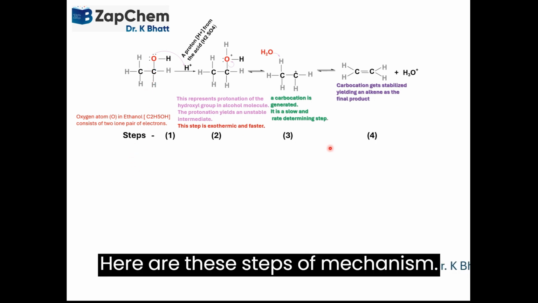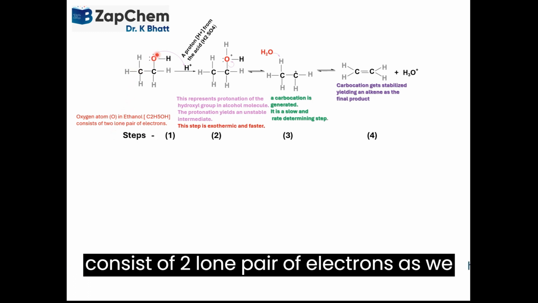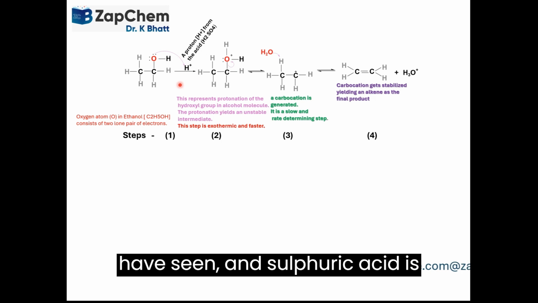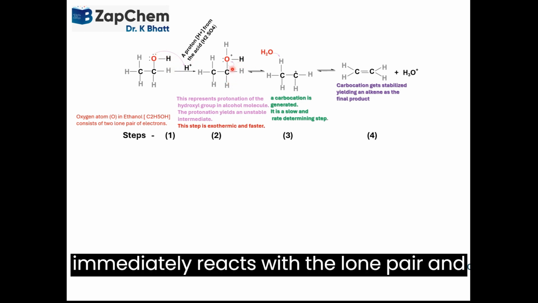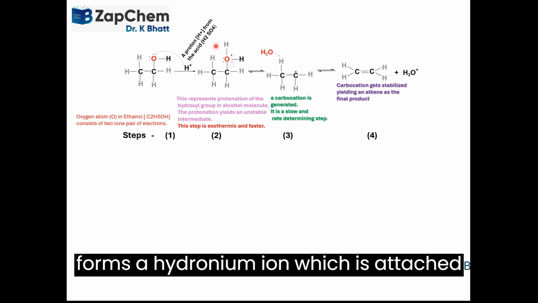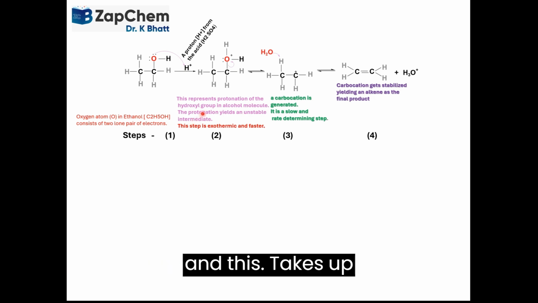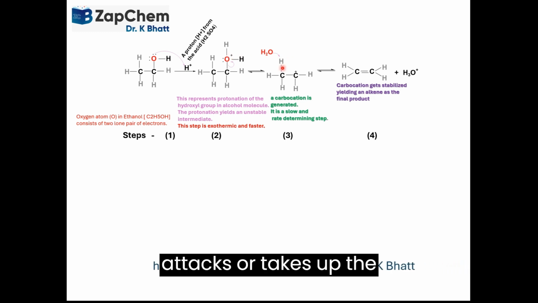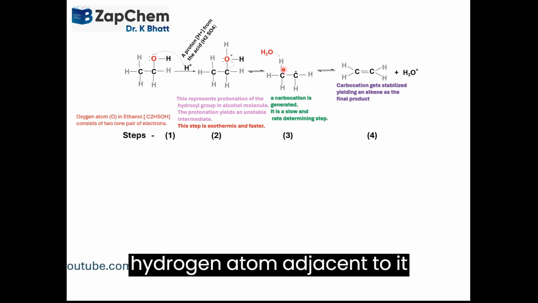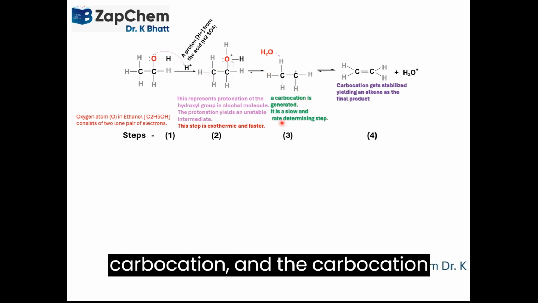So now here are the steps of mechanism. The oxygen atom in the ethanol consists of 2 lone pairs of electrons as we have seen, and sulfuric acid provides a proton. So this proton immediately reacts with the lone pair and forms an oxonium ion which is attached over here. So this is an intermediate product and because it is positively charged, it takes up the hydrogen atom adjacent to the alcoholic group, and you get a carbocation.